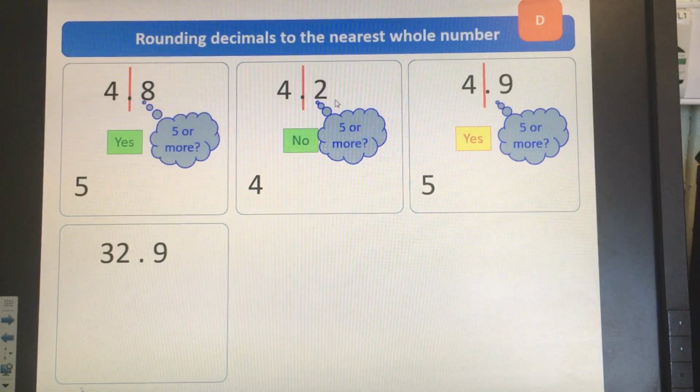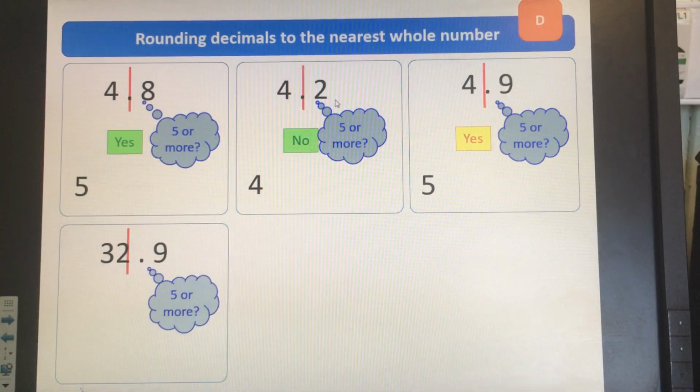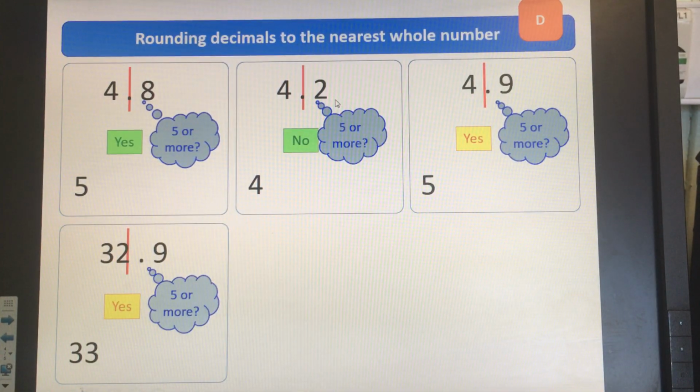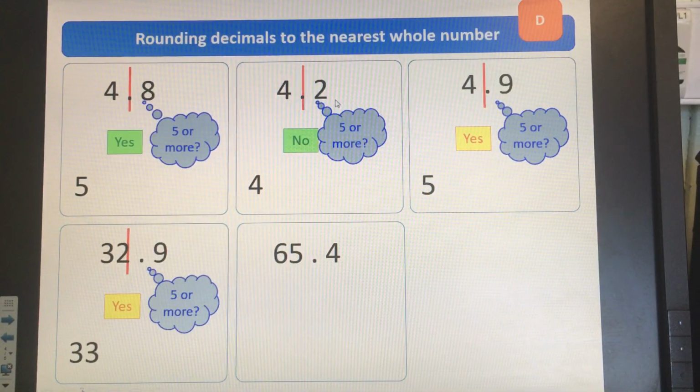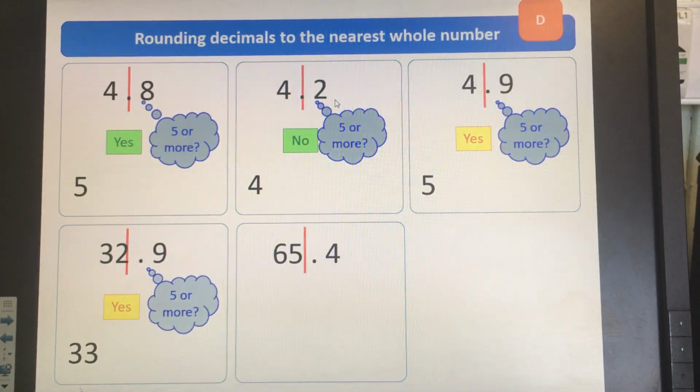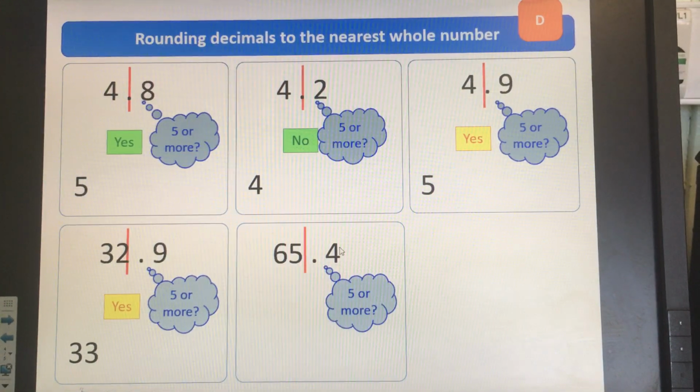32.9. So, is it 5 or more? Yes. So we round up to 33. 65.4. Okay, we're still going to look at the tenths column. Is that 5 or more?